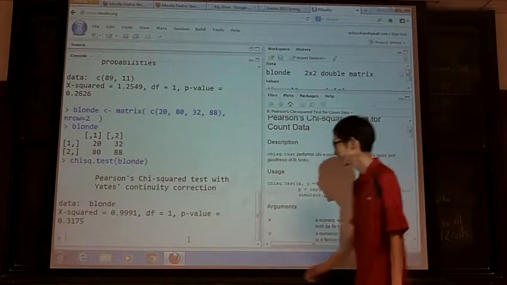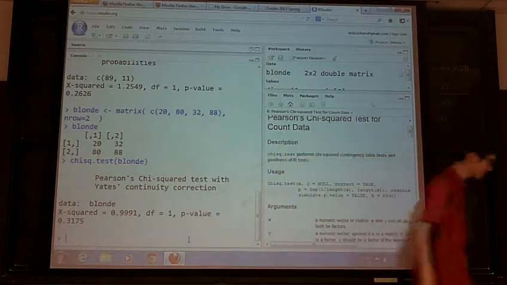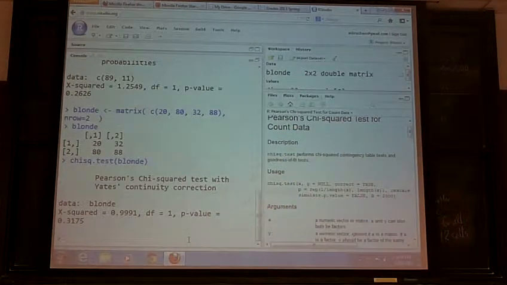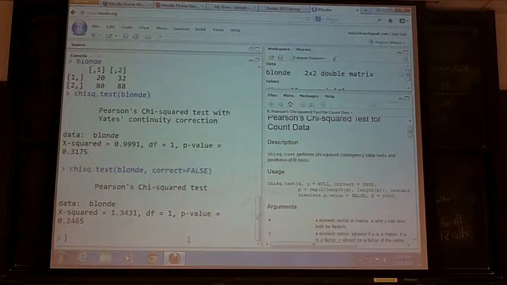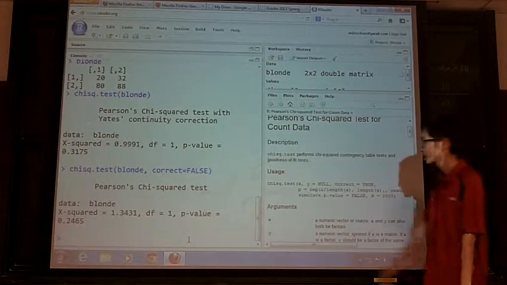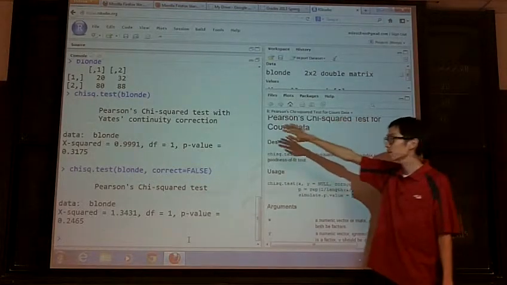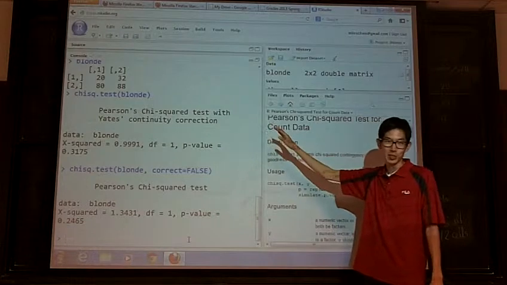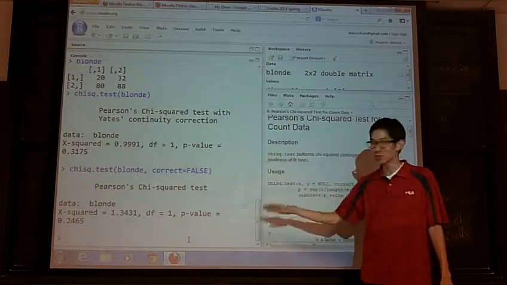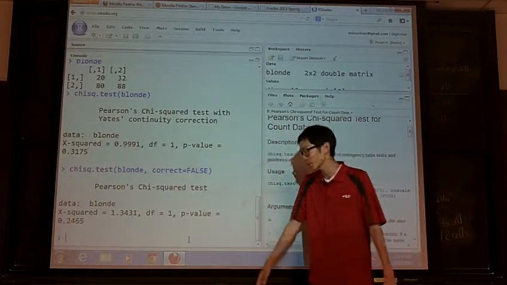It does this continuity correction thing, so I have to say correct equals false. Now it matches up with what we get. The continuity correction is fine, it's just we didn't learn it, so when you do it this way, your numbers aren't going to match up.